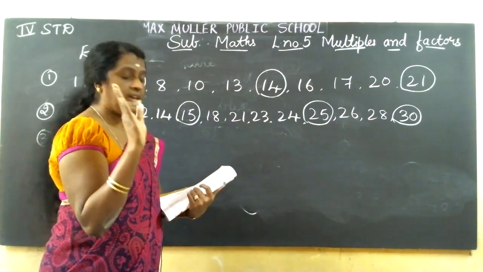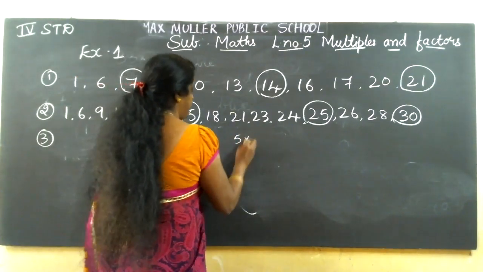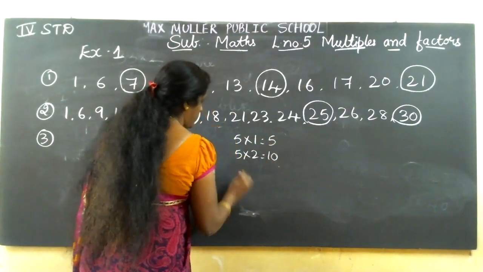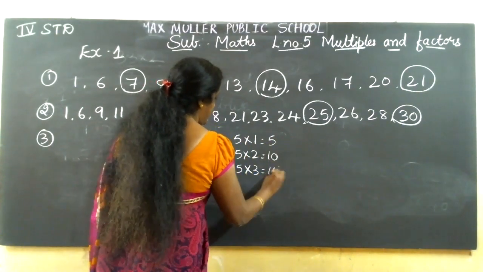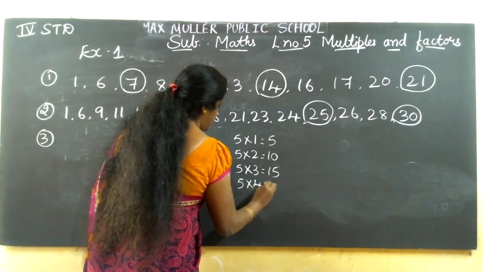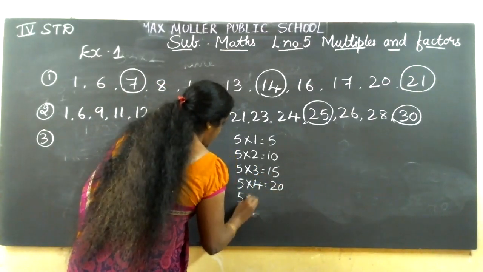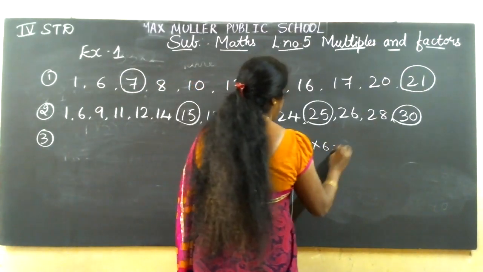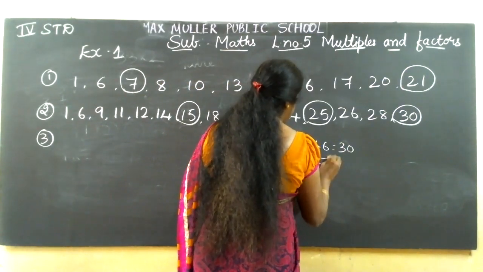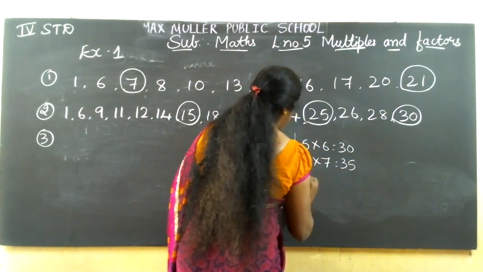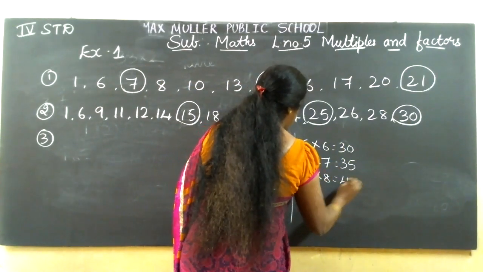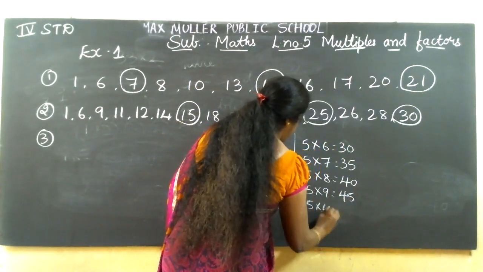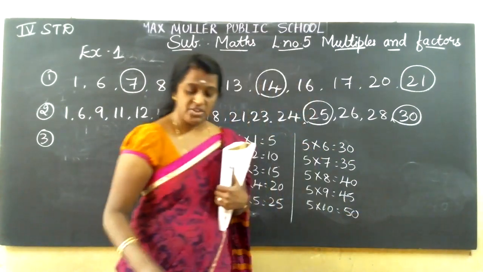So for multiples of 5, I'll write here: 5 ones are 5, 5 twos are 10, 5 threes are 15, 5 fours are 20, 5 fives are 25, 5 sixes are 30, 5 sevens are 35, 5 eights are 40, 5 nines are 45, 5 tens are 50. So read the question once again, children.